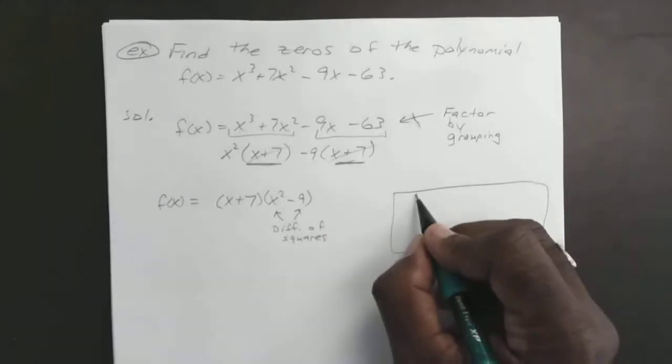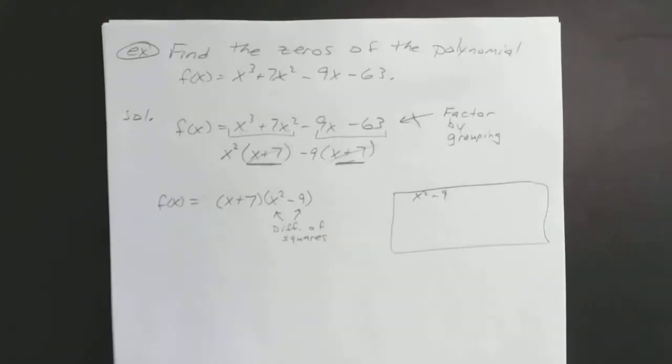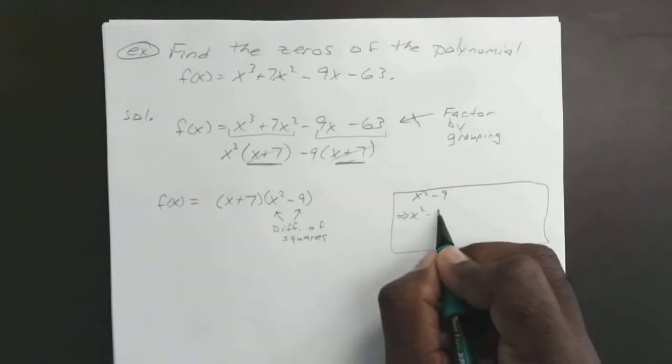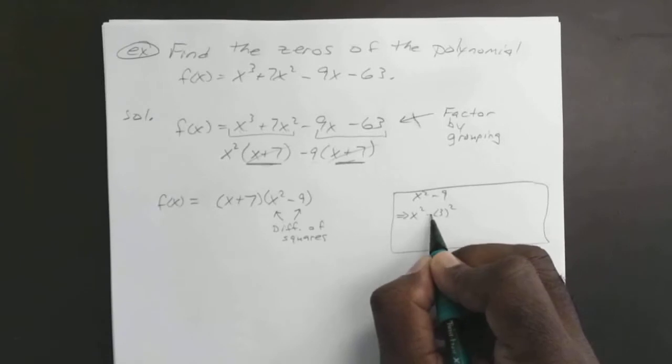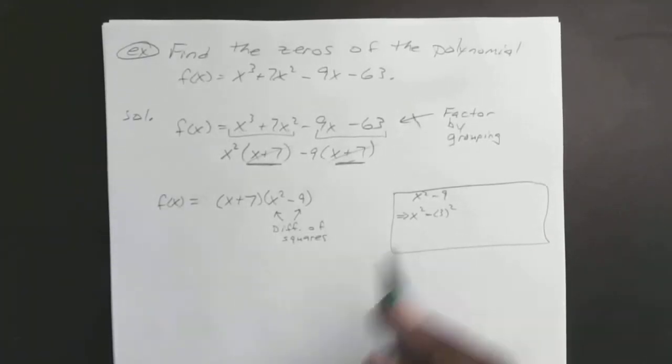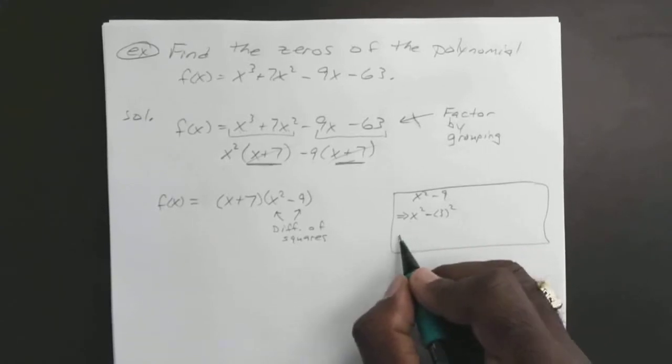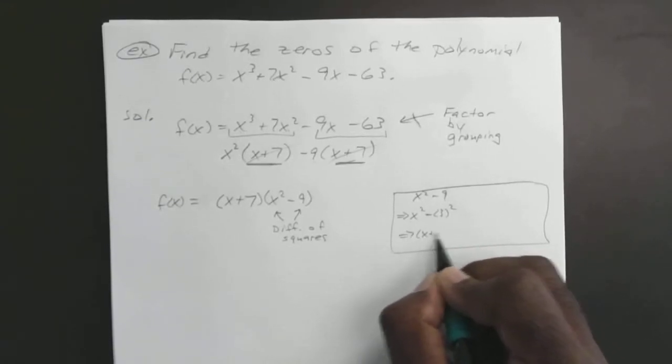If you remember difference of squares, x squared minus 9, you can rewrite that as x squared minus 3 squared. So when you have your difference of squares, it will be x plus 3, x minus 3.